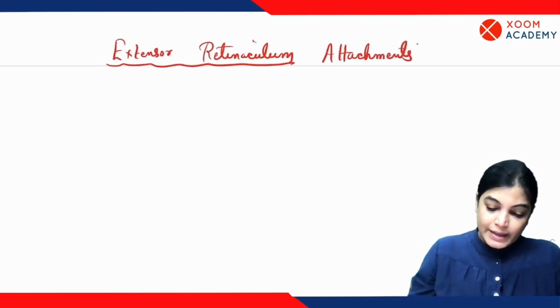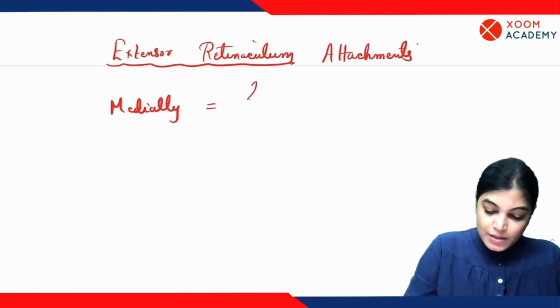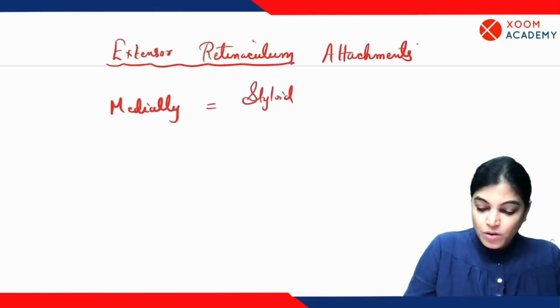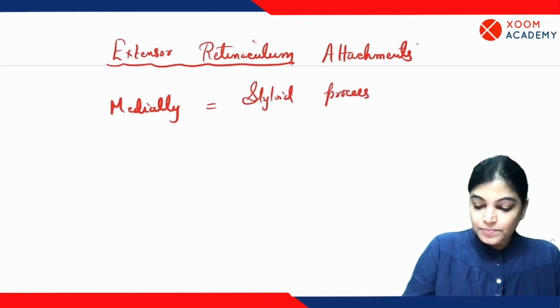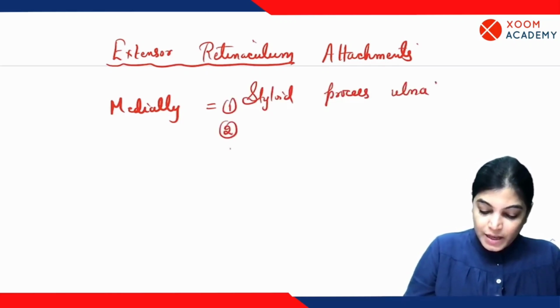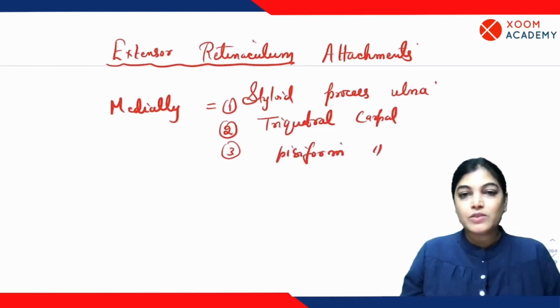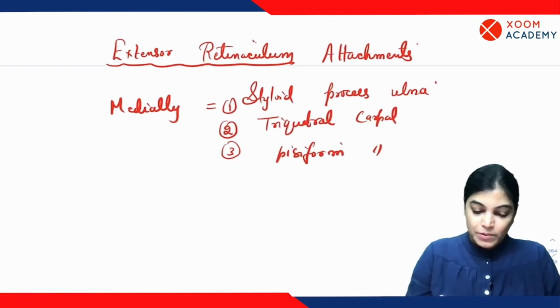If I talk about the attachments, medially it is attached to the styloid process of the ulnar bone and also to the corresponding carpal bones, that is the triquetral carpal bone and the pisiform bone. Triquetral and the pisiform carpal bone.